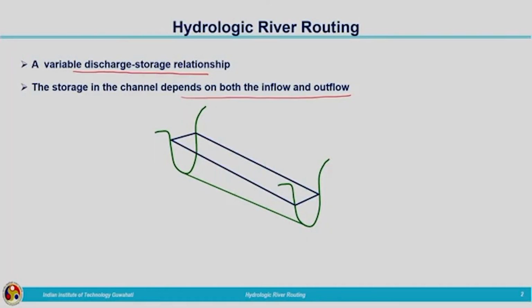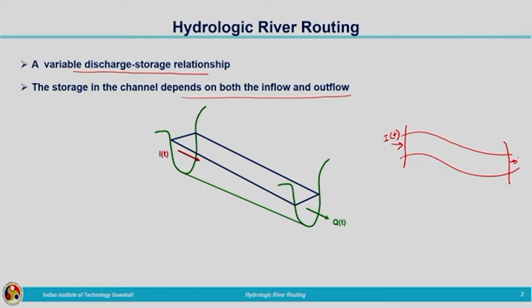But in the case of channels or streams, the storage is a function of both inflow and outflow. A schematic representation of a channel is given here. We have the inflow at the upstream end and the outflow at the downstream end. You can imagine a river like this, and at the upstream end the stream flow, represented by the inflow hydrograph, or by the notation I_t, is known to us.